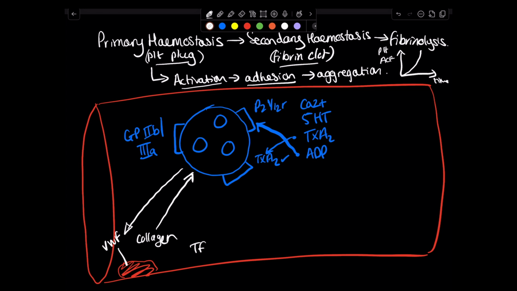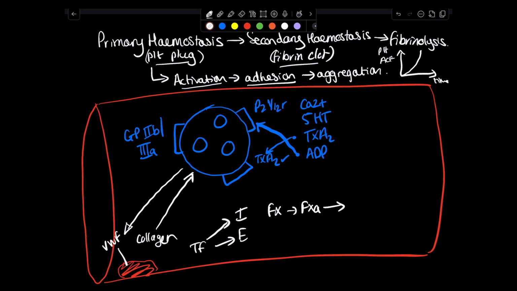Now let's turn our attention to tissue factor, which activates clotting factors around the same time all of this is happening. The tissue factor causes a reaction that activates both the intrinsic and the extrinsic pathways. The pathways are not important themselves, but it is important to note that they both lead to the activation of factor 10 into factor 10A.